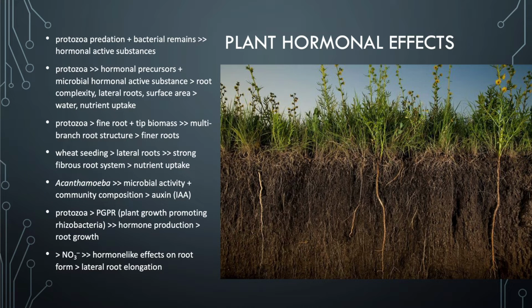Soil protists, or soil protozoa, affect individual plants via the root zone, the rhizosphere. The very act of predation on bacteria and the bacterial remains actually produces hormonally active substances, which affect the plant on a hormonal level.